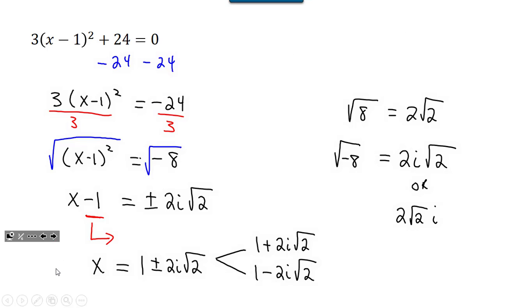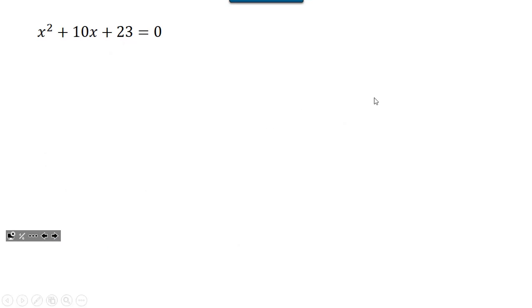Okay, so now I want to concentrate on some factoring versus completing the square versus quadratic formula. So let's look at x squared plus 10x plus 23 is all equal to 0. So that is a trinomial, and so I can't use principle of square roots, but in looking at that trinomial, I would want to ask myself, could I factor that trinomial into a couple of binomials?